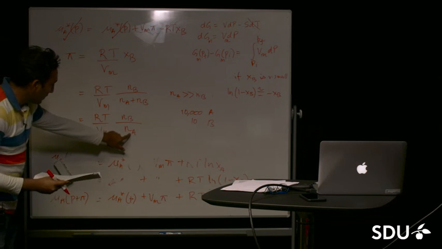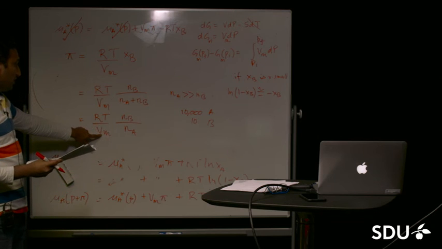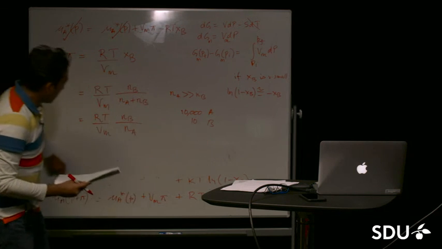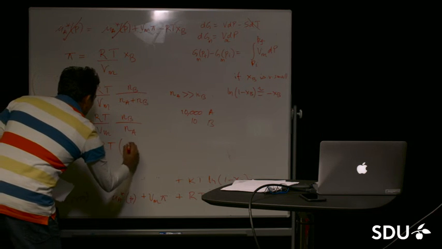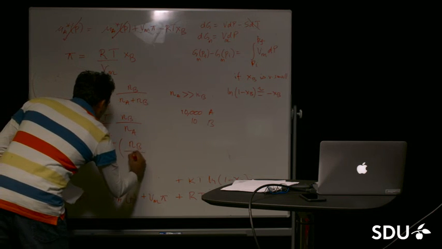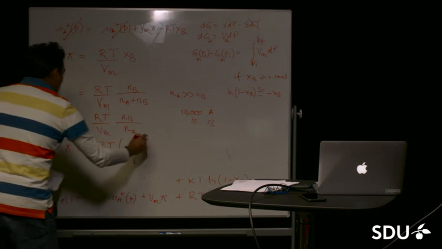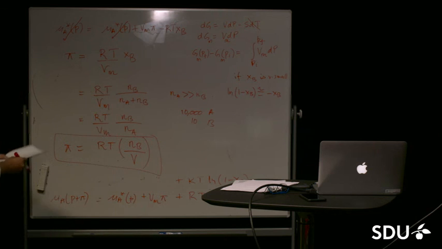Now NA multiplied by the molar volume of A is simply equal to the total volume of the solution. So this becomes RT multiplied by the number of moles of B divided by the total volume of the solution. And this is the Van 't Hoff equation.